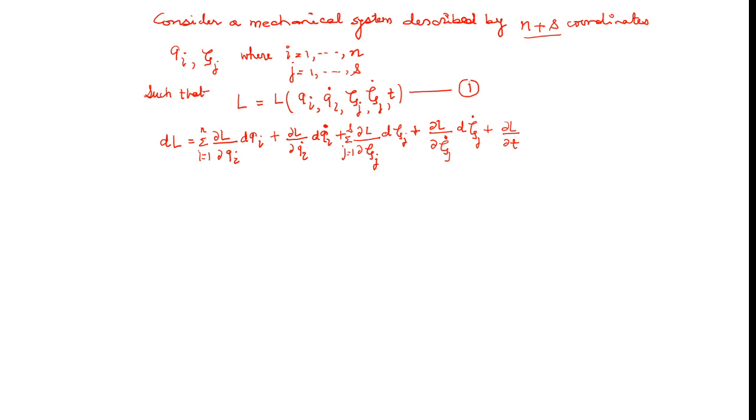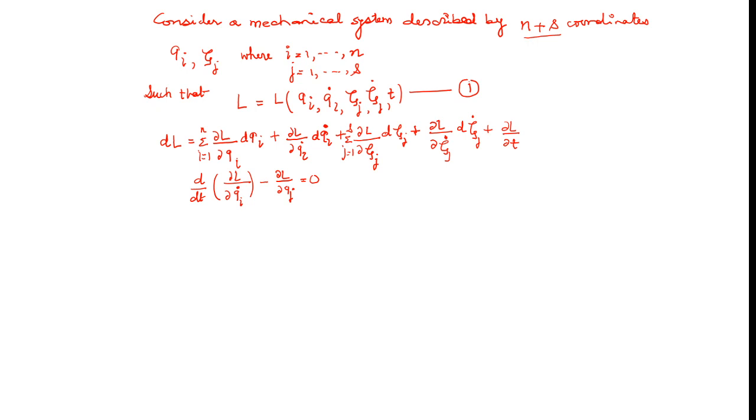Now I'll use the Lagrange equations of motion. I know that d by dt of delta L delta qi dot minus delta L delta qi is 0.